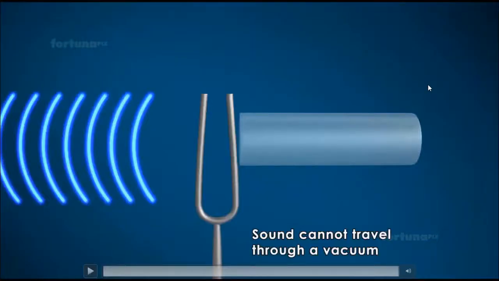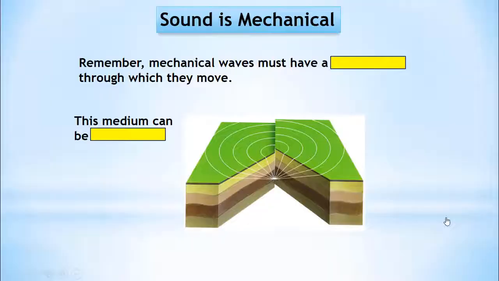I hope students this video helps you to understand how sound is produced by vibration. Now remember one more thing, that sound cannot travel through a vacuum. As we discussed in the last unit, the nature of sound wave is mechanical. So the mechanical waves must have a medium through which they move.